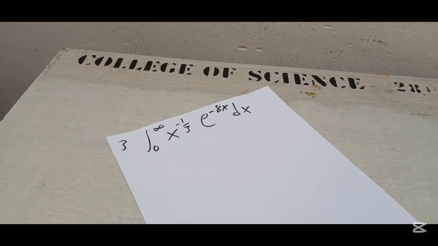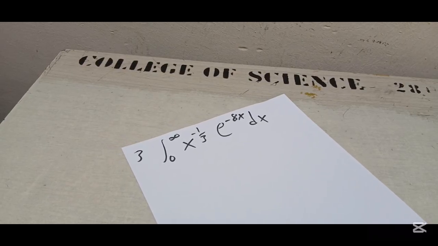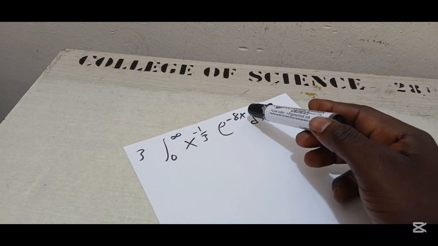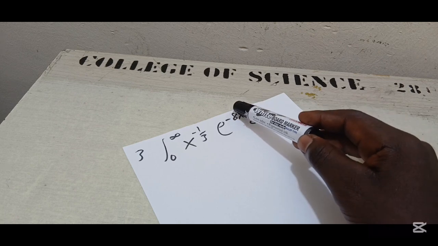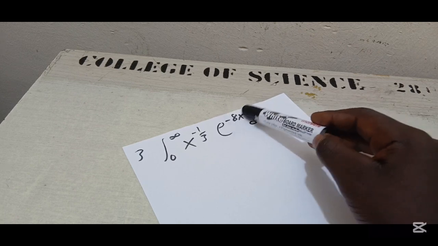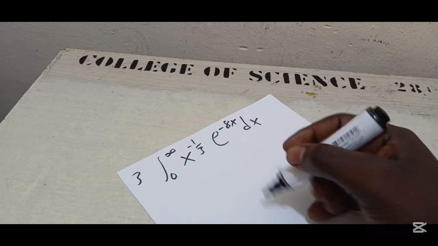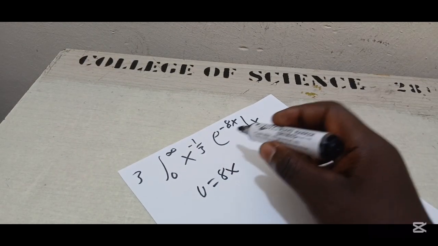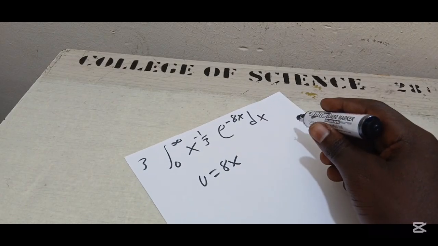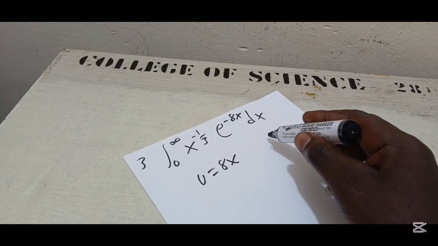So that is it for this problem. You can try this and let me see your answer in the comment section. You can't just use it straightforward. You have to use the substitution method: let's say u equals x, not negative x. Then you find the value for x and you also make x the subject.